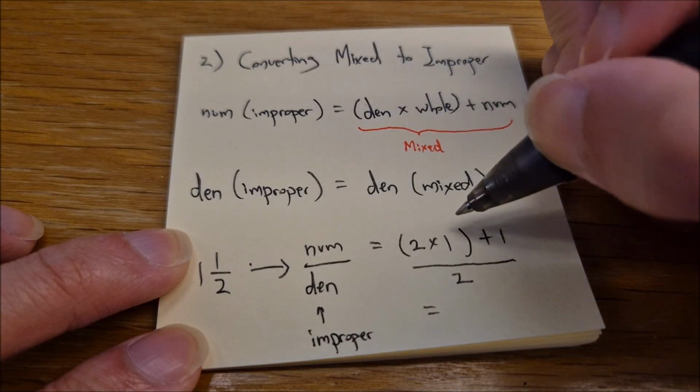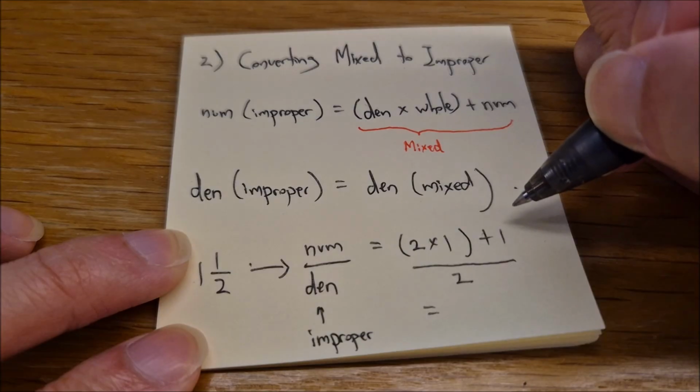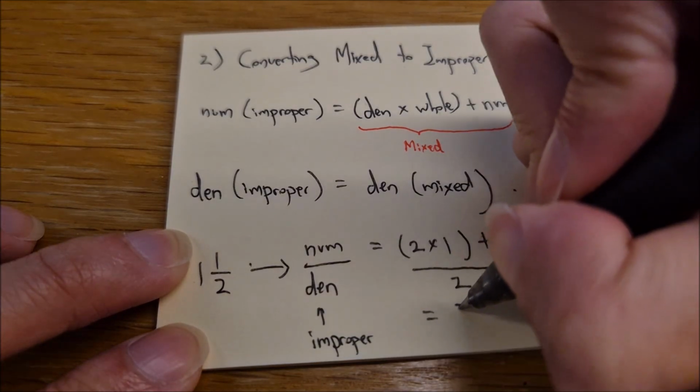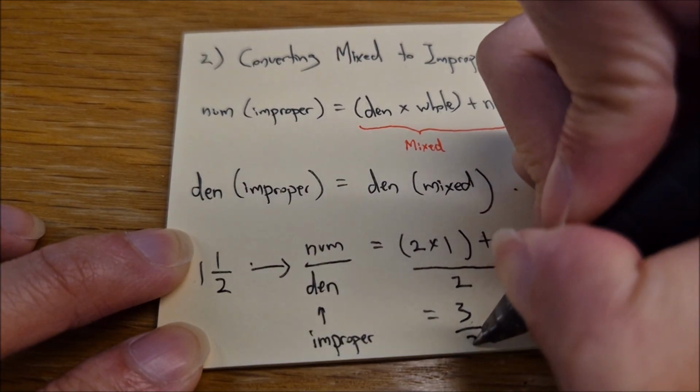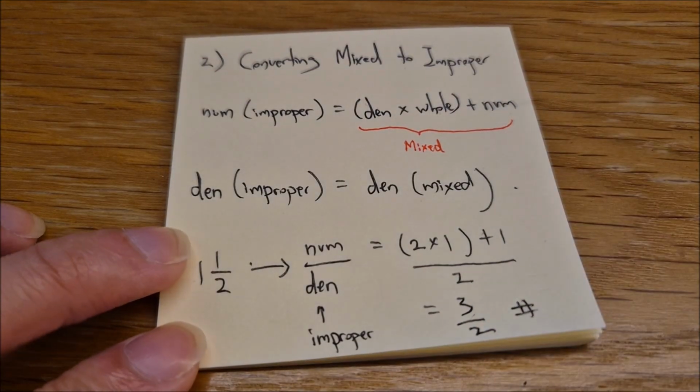Which gives us 2 times 1 is 2, plus 1 is 3, so 3 over 2. And we are done.